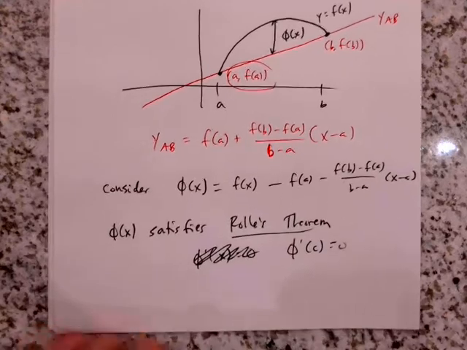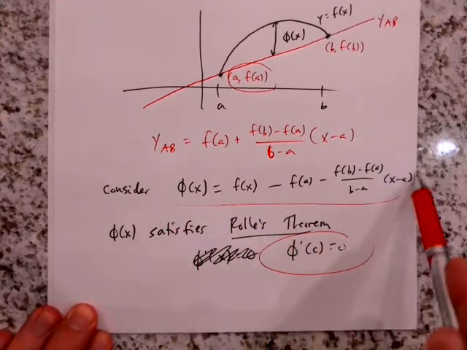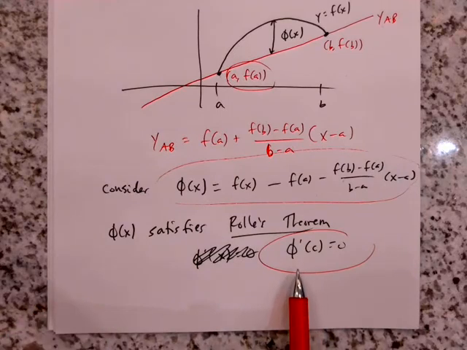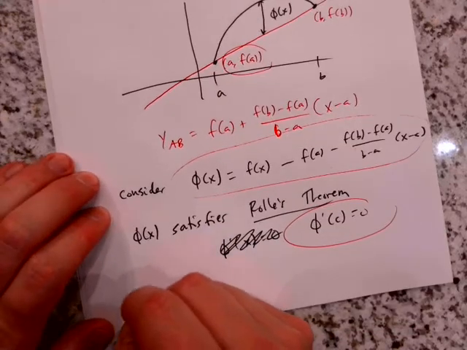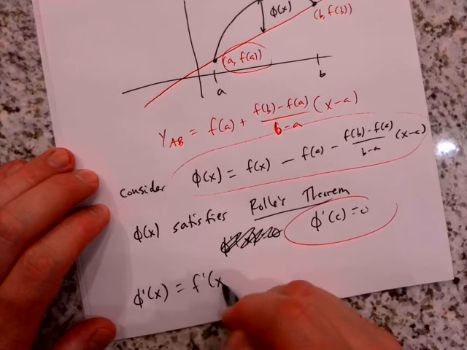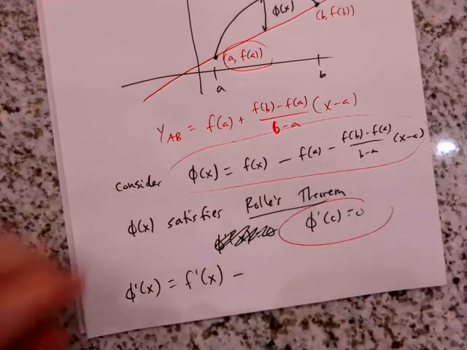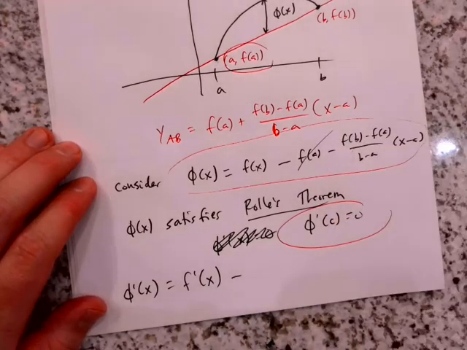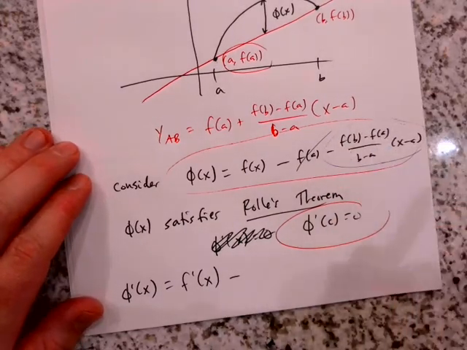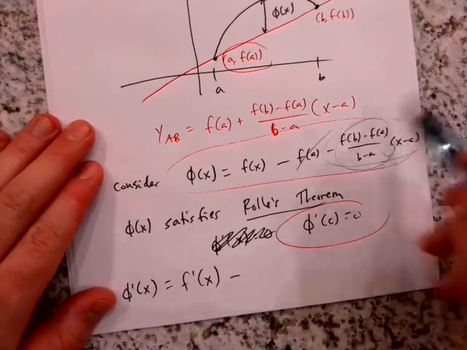And so all we have to do is just do the algebra for this. Use this equation right here, find phi prime of c equals 0, and do it out. So what's phi prime? Well, phi prime of x equals f prime of x minus f of a is constant, so that term goes to 0. This is a linear term, so its derivative is just the coefficient in front of x.